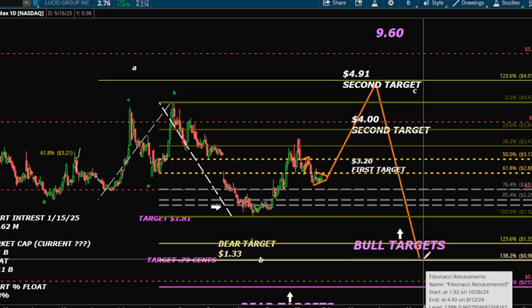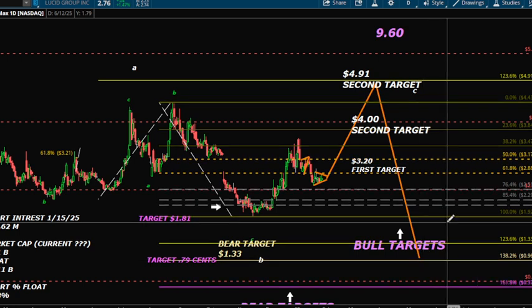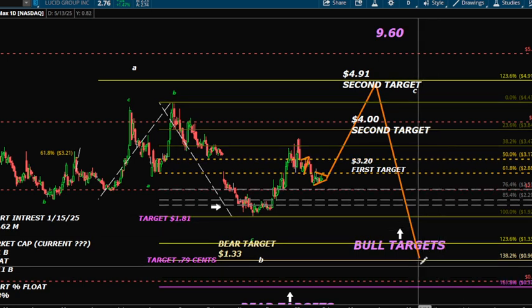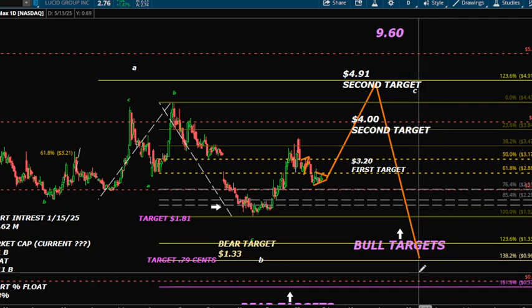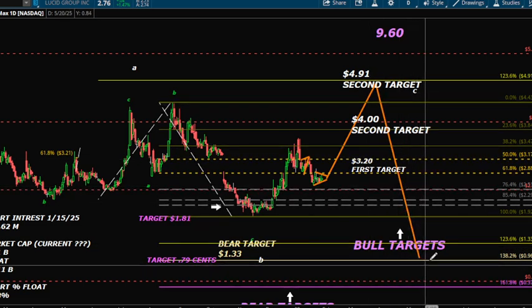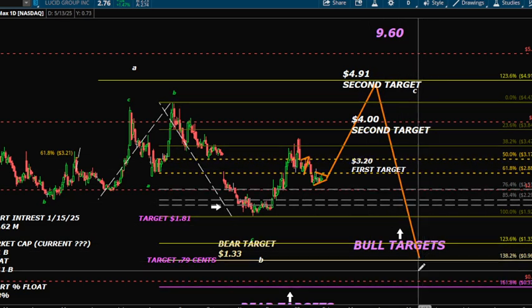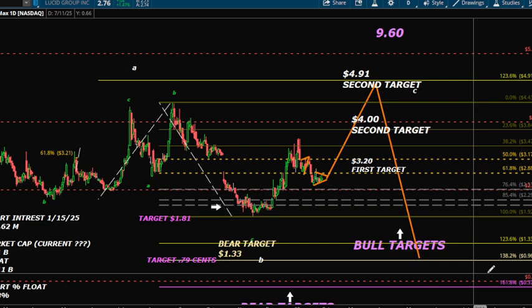I mean, it's not every case, but what I'm trying to get at is, as it gets closer to $1, and if it stays under $1, that's the biggest problem. So you probably don't want to hold and wait till it gets to $1 and then 80 cents, 70 cents, and see if they do a reverse stock split.